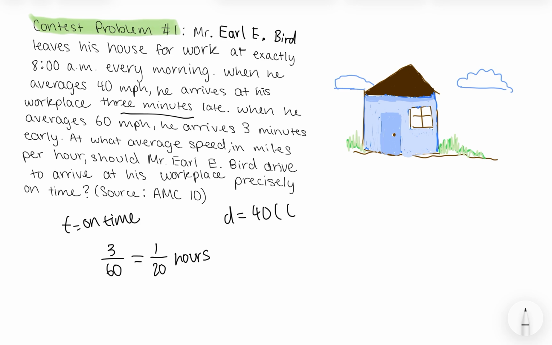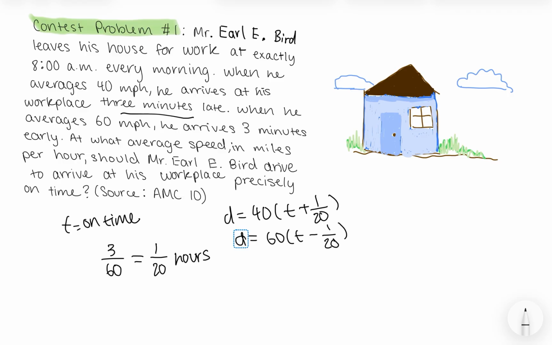So we say T plus 1 over 20 because we're going that much later. But we also know that the distance is equal to 60 times T minus 1 over 20 because he's 3 minutes early. We use the same variable D because the distance between his house and his work isn't going to change based on the rate. It's going to stay the same.